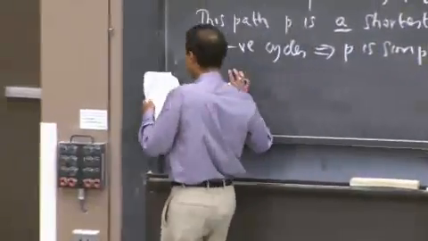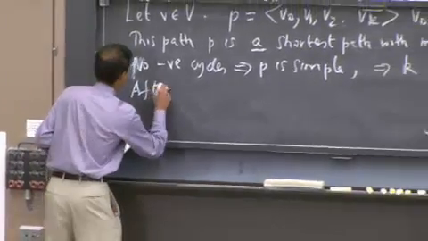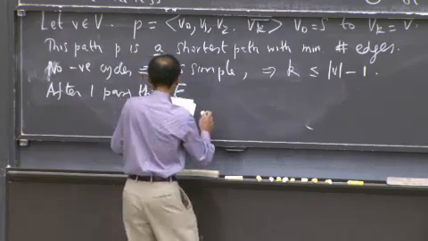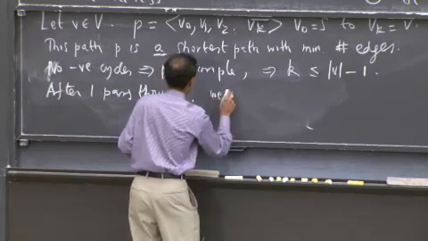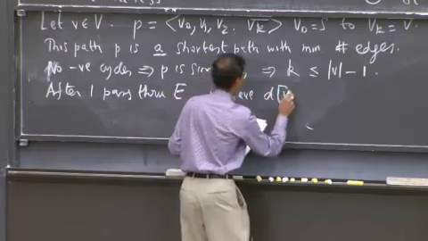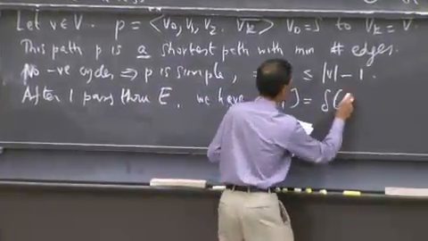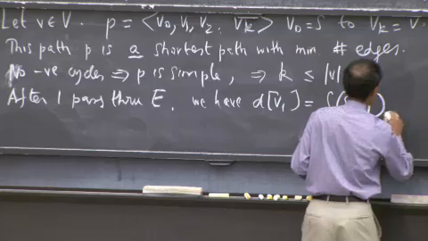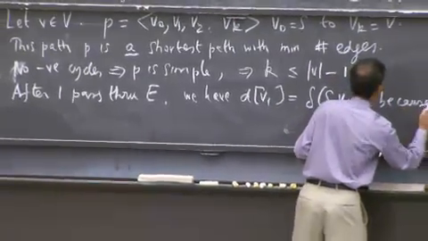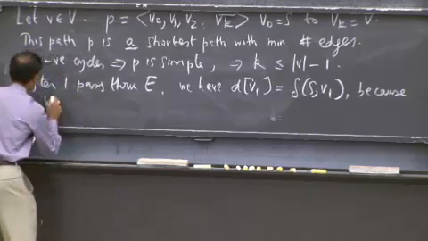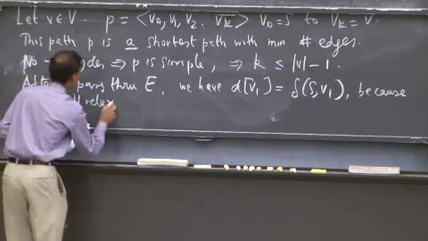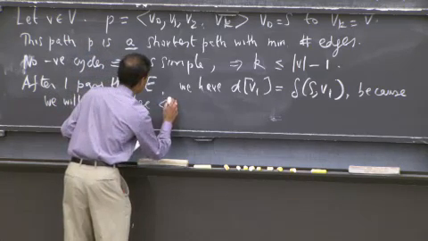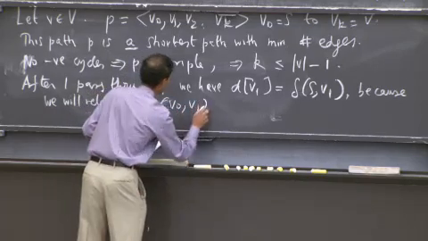You can write that out, and I'll write it out here. After one pass through all of the edges E, we have d of V1 to be delta S V1. The reason for this is that we're guaranteed to relax all the edges, and we will relax the edge V0, V1 during this pass.